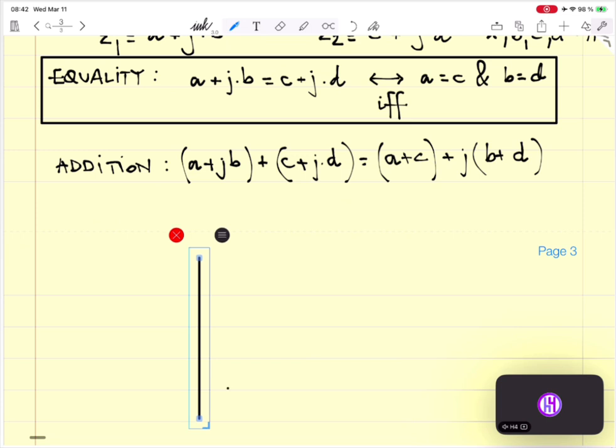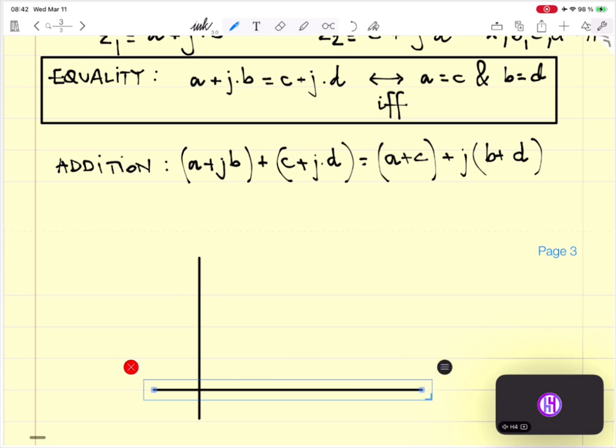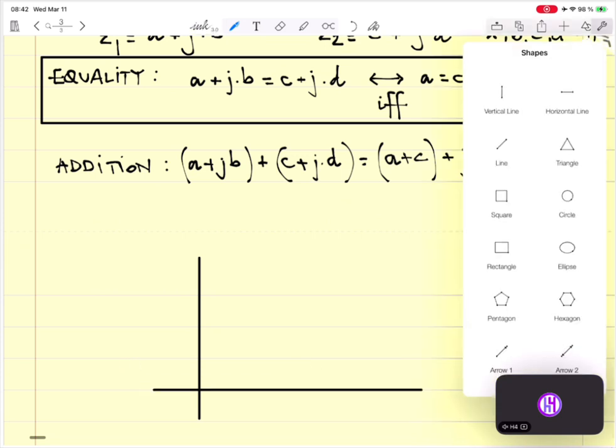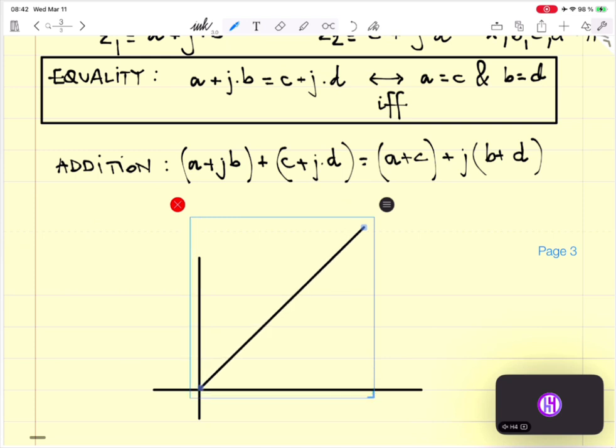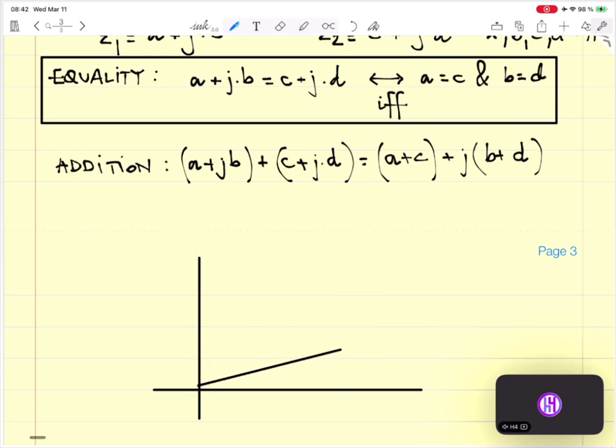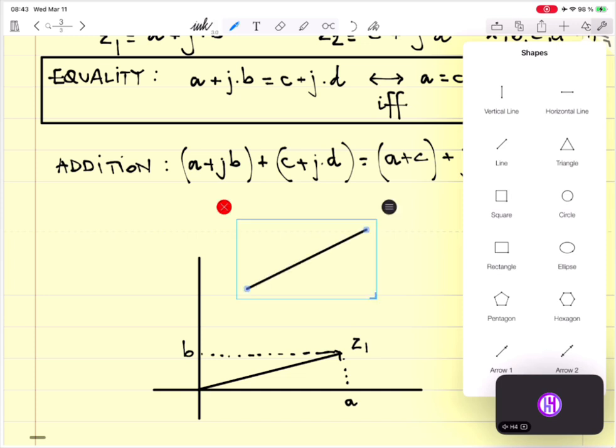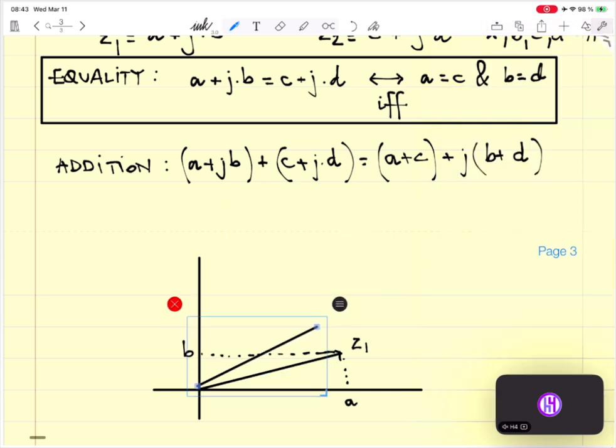Let me do a little drawing here. Super simple. If we have one vector, let's say here, z1 with a and b, and we have another vector here, z2 with c and d, okay?